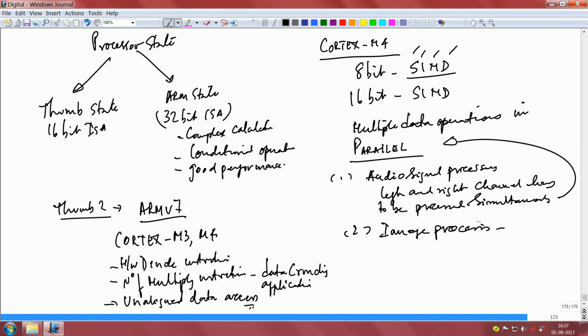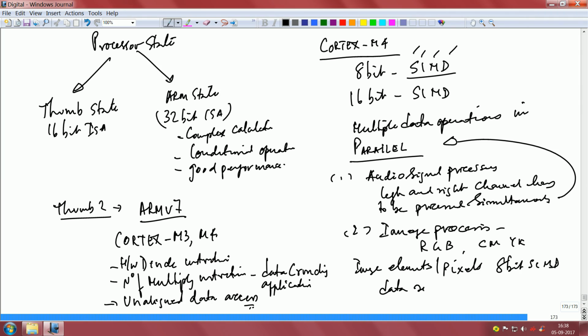If you are looking at RGB or CMYK kind of image elements or pixels, and you want to represent them, you can use 8-bit SIMD data and process them in parallel.